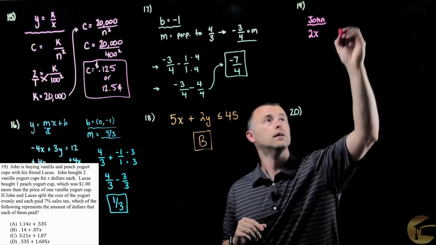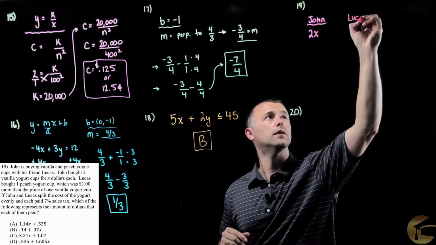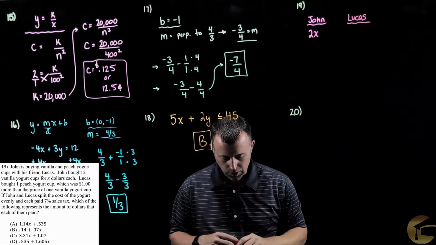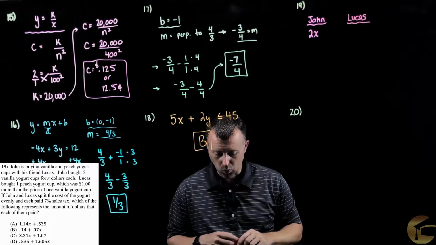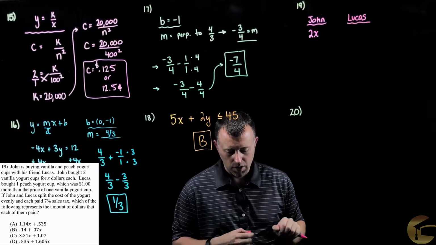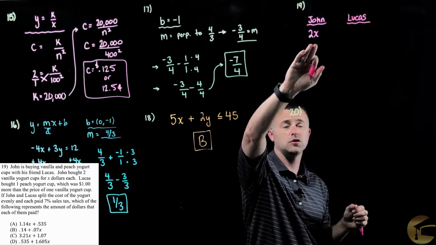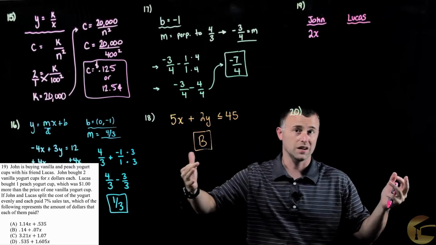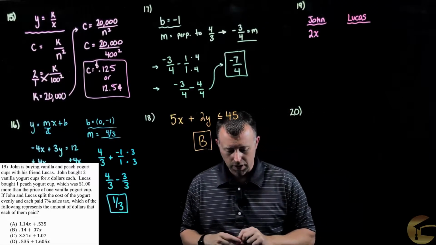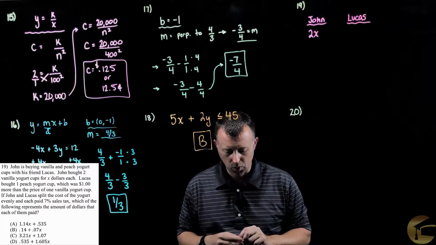Lucas, I'm going to write him up here. So in this one, it says Lucas bought 1 peach yogurt cup, which was $1 more than the price of 1 vanilla yogurt cup. So to figure out, John paid 2X dollars. We don't know how much that is, but we know it's 2X dollars. Well, I know that Lucas paid $1 more than that.